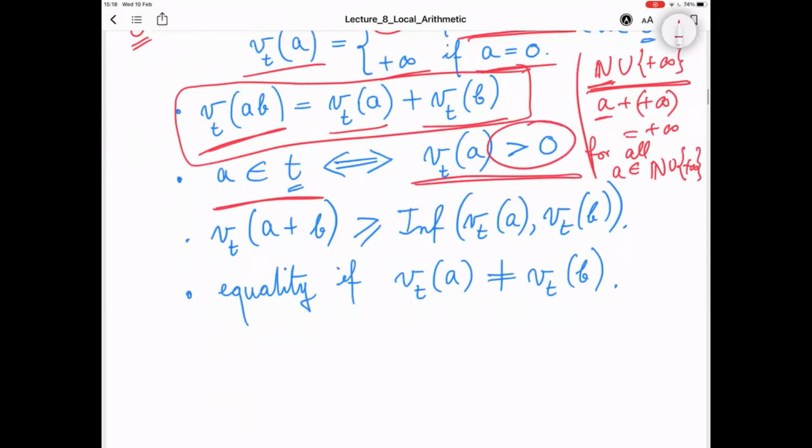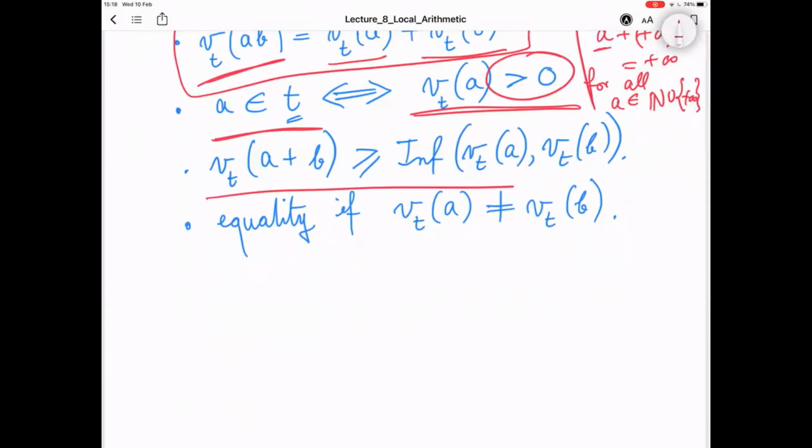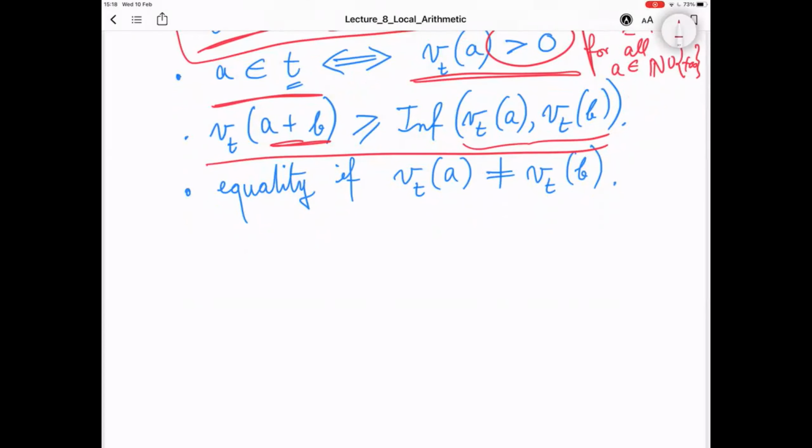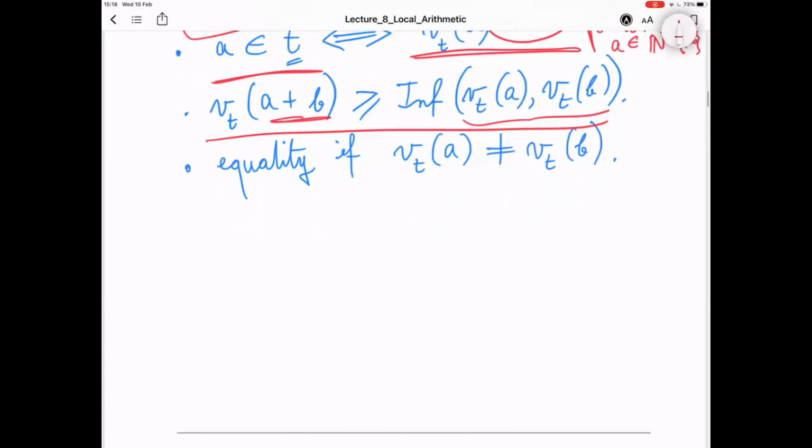Okay, and here is the important property which really makes it into a valuation: the vt of a sum is at least the smaller of these two. The vt of a sum is always bigger than or equal to the smaller of the two summands. Moreover, you have equality if the two valuations are really different.